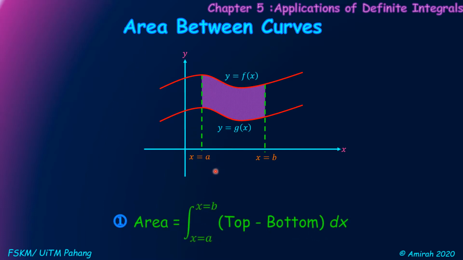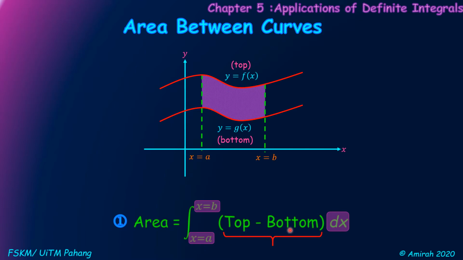Area of the shaded region is given by integration from x equals a to x equals b, and then top minus bottom, right? And we use integration with respect to x, and we also use lower and upper limit on x-axis, alright?